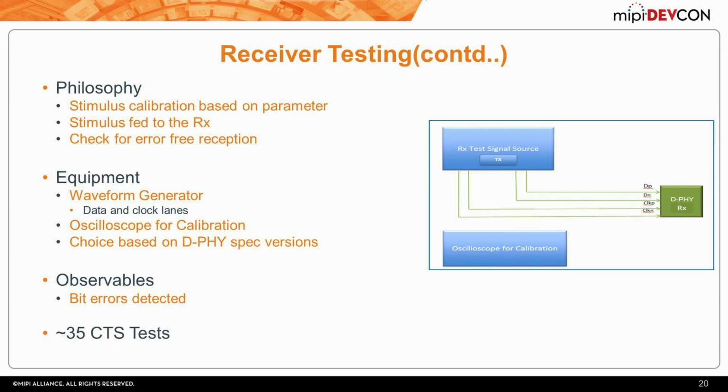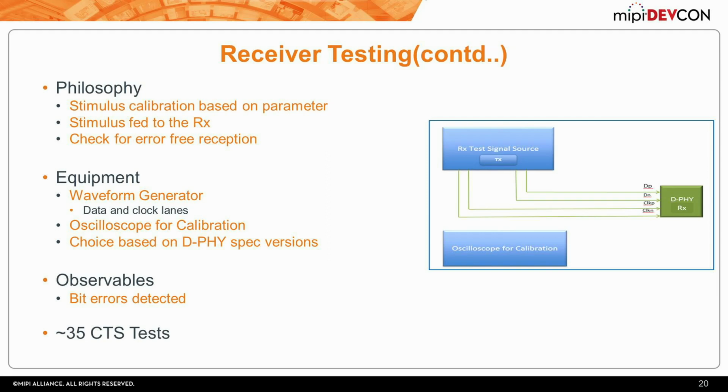Now coming to the receiver testing, the general philosophy of receiver testing is you generate a calibrated stimulus from a waveform generator, feed it to your receiver, and see whether the reception was error-free. So for that, what do you need? You would need a waveform generator.